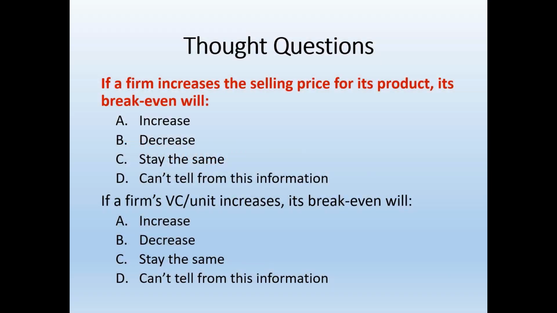Here are some questions to think about. If a firm increases the selling price for its product, what will happen to its break-even? Will it increase, decrease, stay the same, or maybe you can't tell from this information?